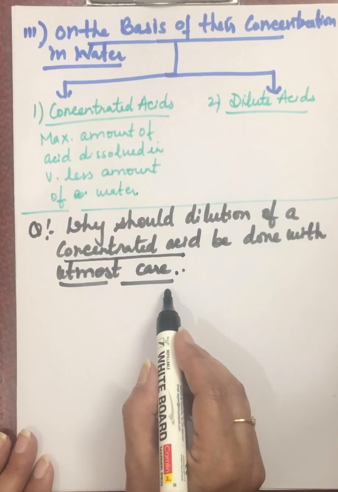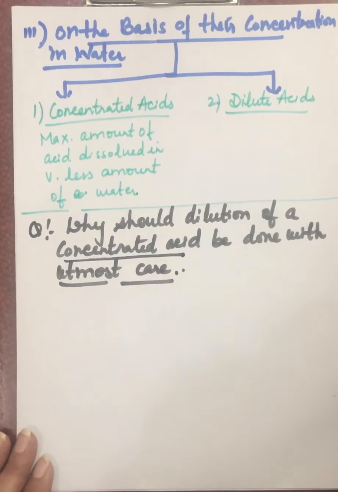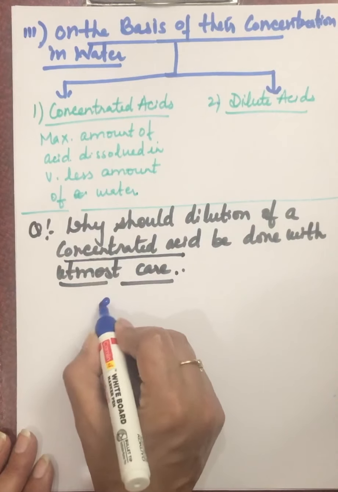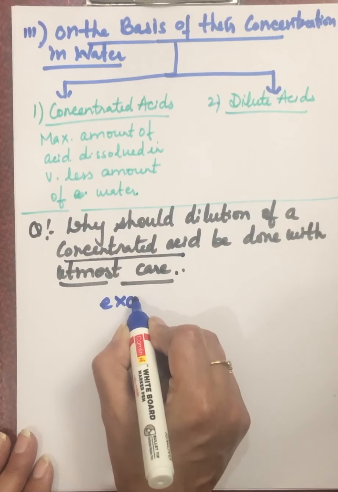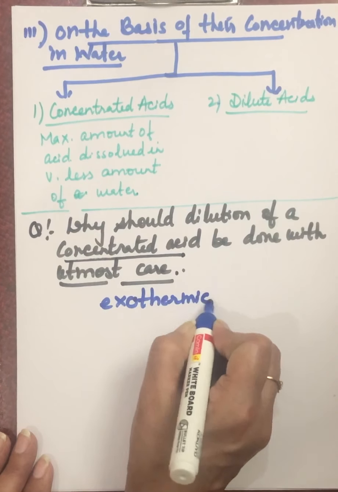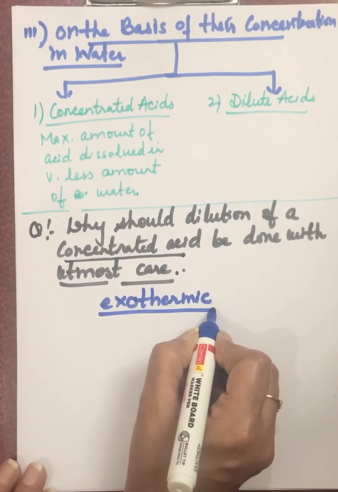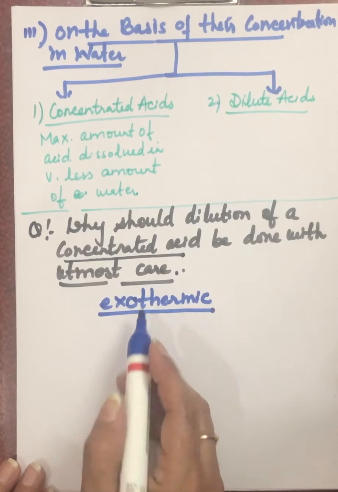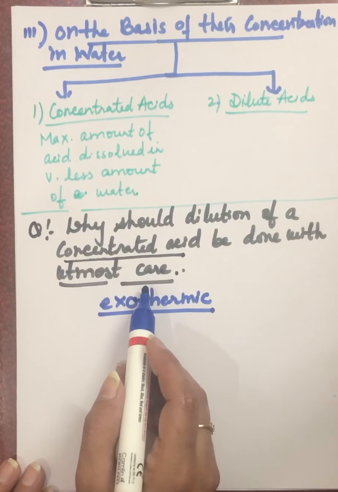It has to be done with utmost care. The reason is because this process of adding water to concentrated acid is highly exothermic. Lot of heat comes out during this. That is why it has to be done with utmost care.